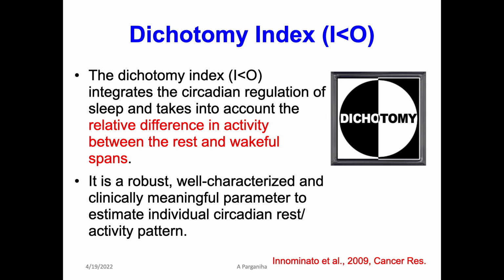This dichotomy index is a robust, well characterized and clinically meaningful parameter to estimate the individual circadian rest activity pattern. Nowadays, it is used for prediction of the survival of cancer patients. So we can imagine how useful it is to determine the dichotomy index.